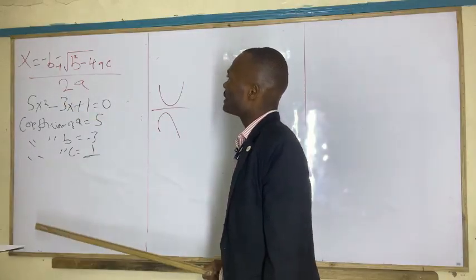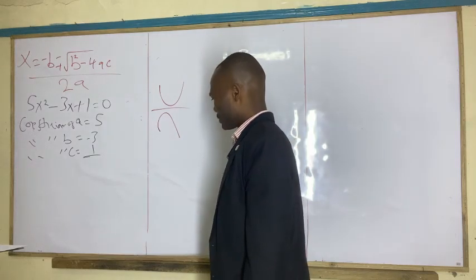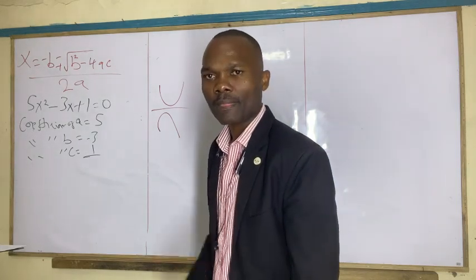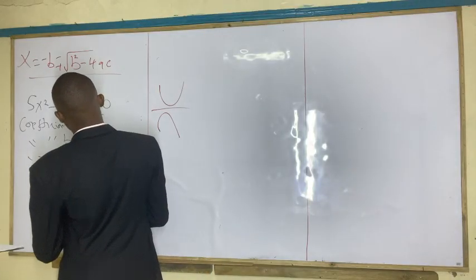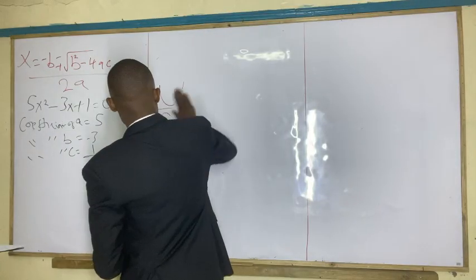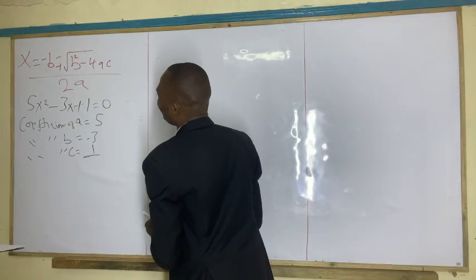The last is C, coefficient of C. We only have one C. So let's do it. This is our equation. Find the root of that equation.